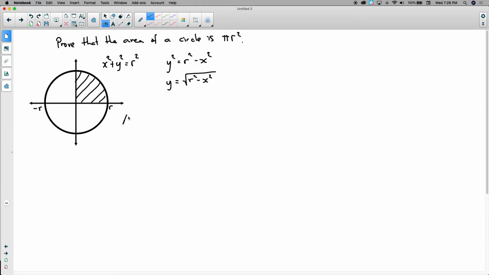So the area of the circle is equal to 4 times the integral of the square root of r squared minus x squared dx from 0 to r.